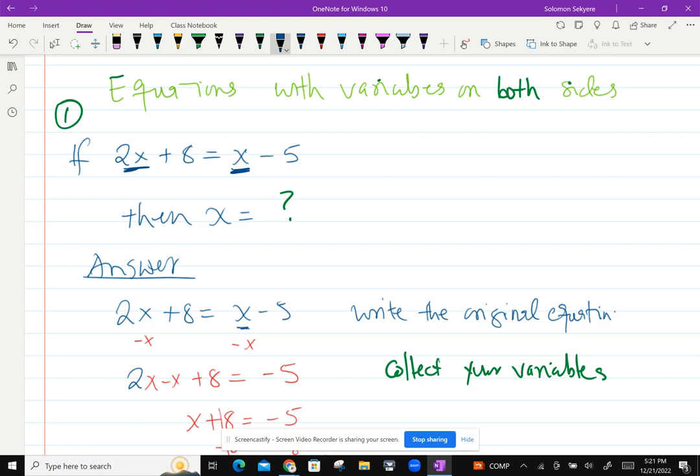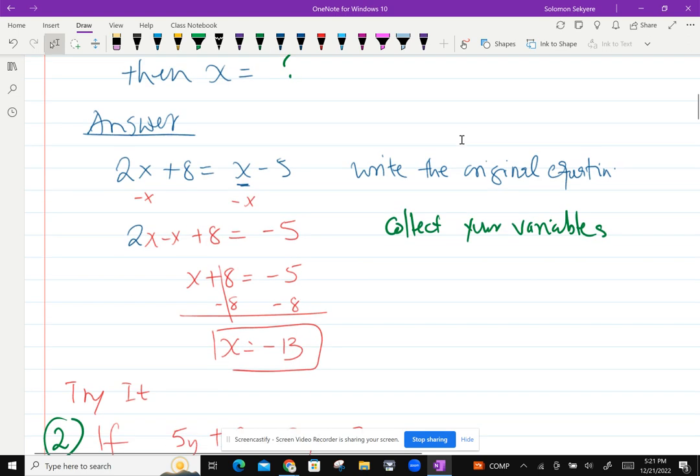What do we do? We want to group our variable on one side and other rational numbers or integers on the other side. We look at this variable here. There is no sign before it, so it's a positive number. So we move it to the left by subtracting. We subtract under the like term.